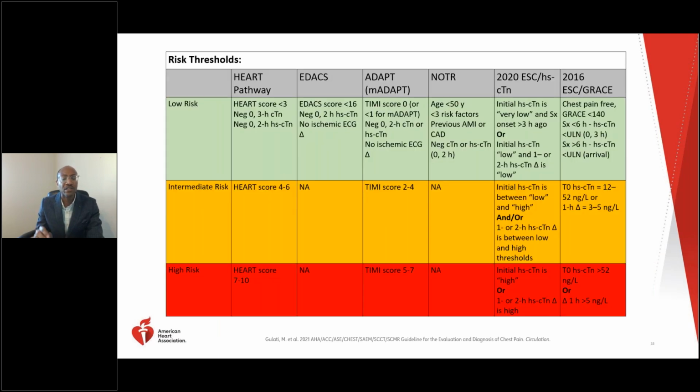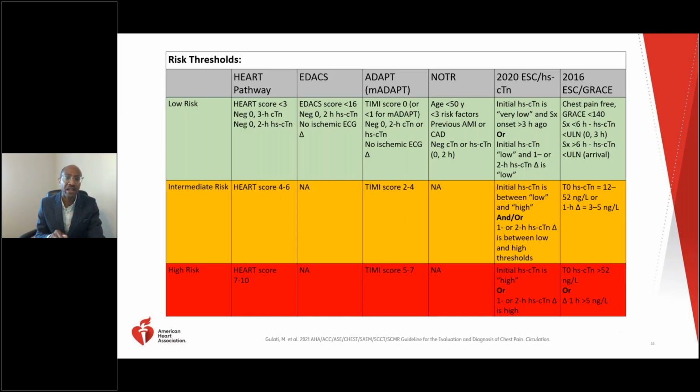So I'll talk about these clinical decision pathways that are all endorsed by the 2021 chest pain guidelines. You'll see on this slide that there's a lot, but I want to highlight the HEART pathway, the Emergency Department Assessment of Chest Pain Score, the EDACS score, the ADAPT score, or the Modified Accelerated Diagnostic Protocol to assess patients with chest pain, or the no objective testing rule, or the 2020 ESC high sensitivity cardiac troponin clinical decision pathway, or the 2016 ESC GRACE score.